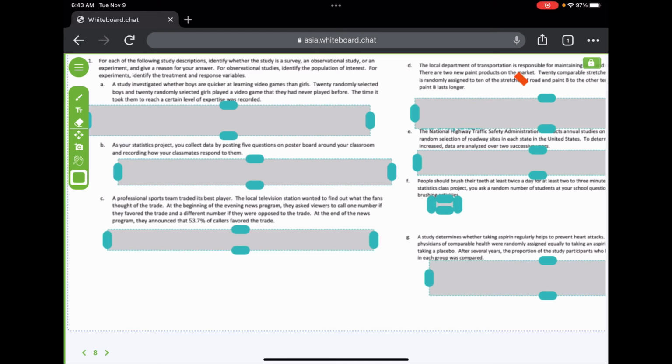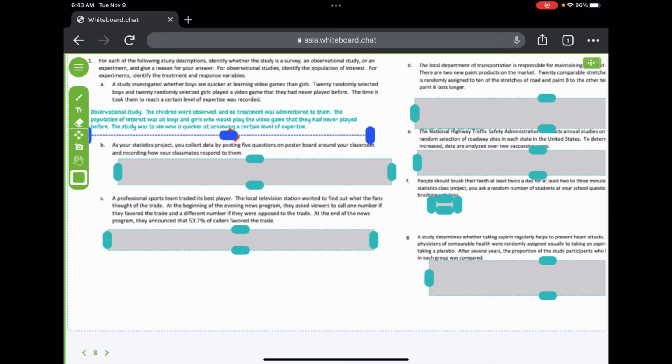20 randomly selected boys and 20 randomly selected girls played a video game that they had never played before. The time it took them to reach a certain level of expertise was recorded. Okay. So, in this, it's going to be an observational study.